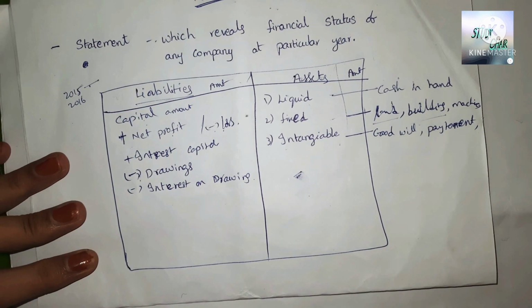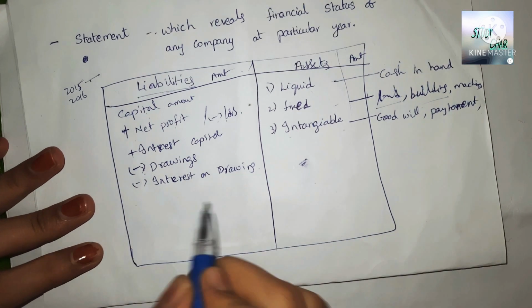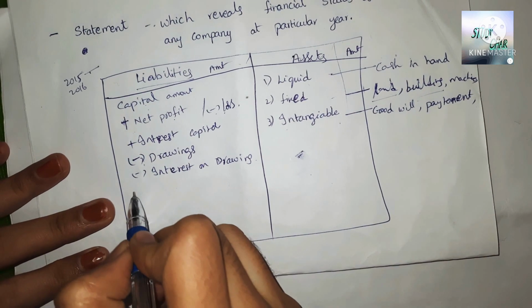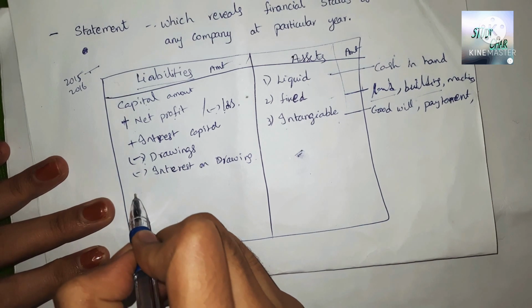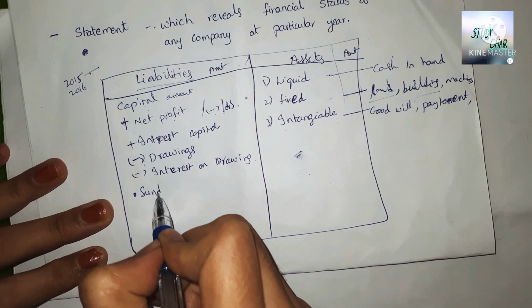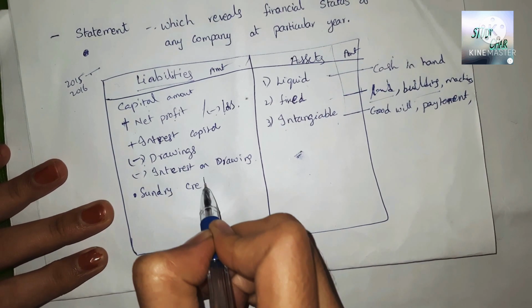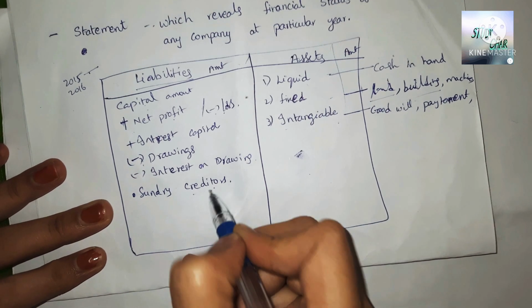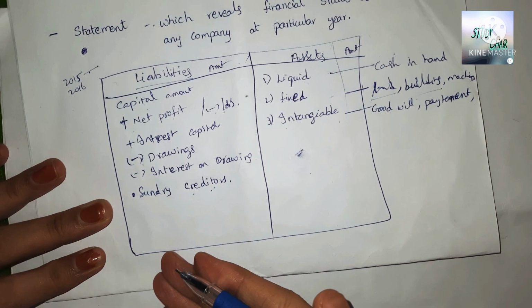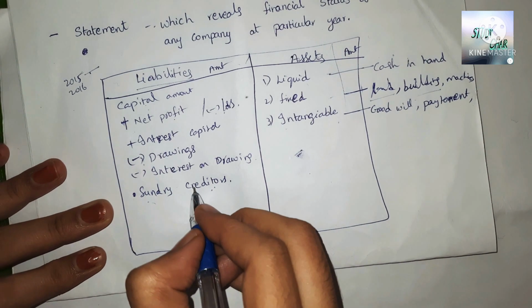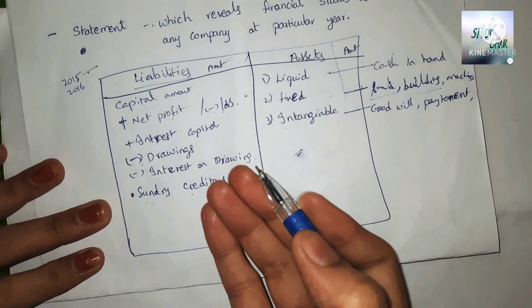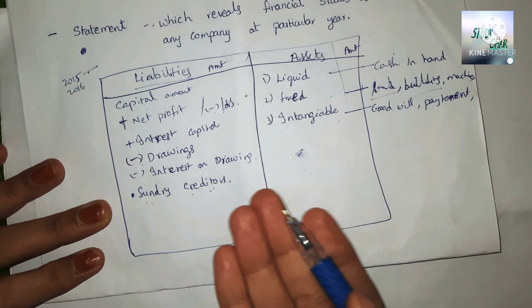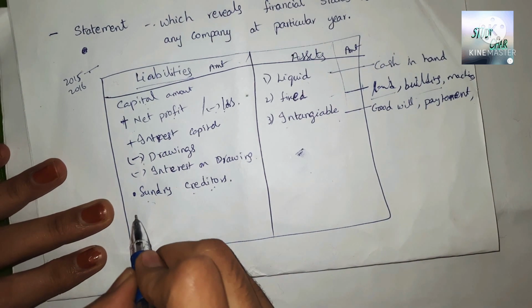Okay, we will see one by one what type of liabilities come under this liabilities column. The first one is sundry creditors. Credit means we take money from others. So sundry creditors are those from whom we purchased some goods on credit basis.